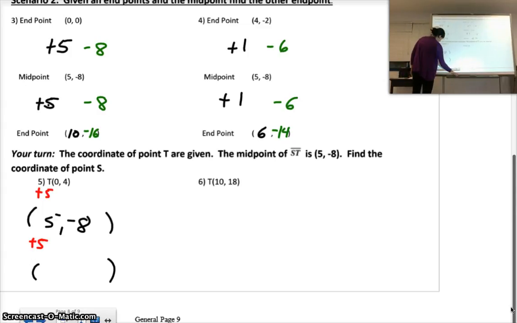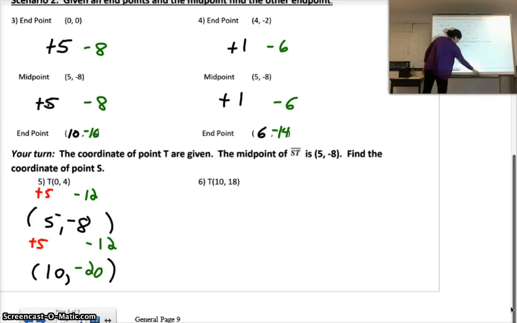So that's going to give me 5 plus 5 is 10. Okay, and then we're going to say, how do we get from 4 to negative 8? Okay, 4 to negative 8 is going to be minus 12. And then we're going to do the same thing over here. So negative 8 minus 12 is negative 20.